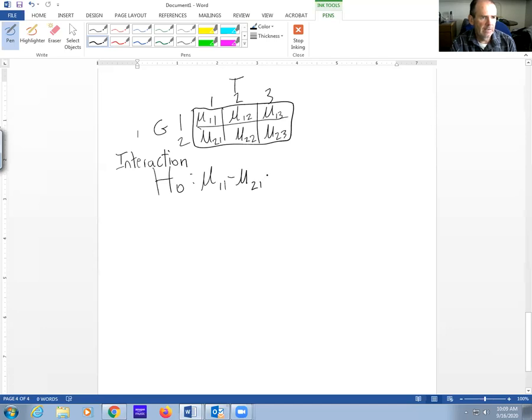And the question is, is that the same as the difference at time 2? So mu12 minus mu22. And then comparing at the last time point, mu13 minus mu23. So that's the null hypothesis. So if that's true, there's no interaction, right? That's in the null hypothesis. In the alternative, there's at least one inequality there.